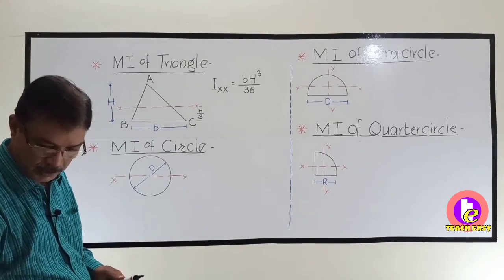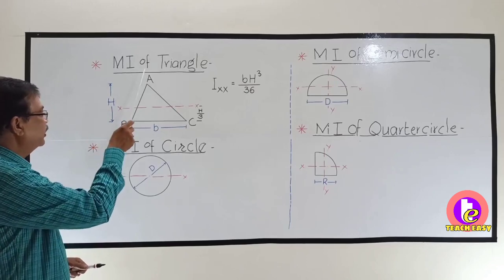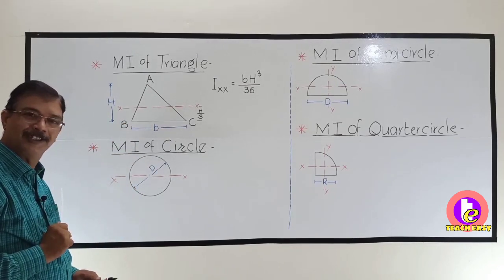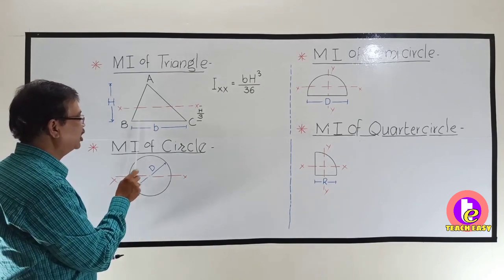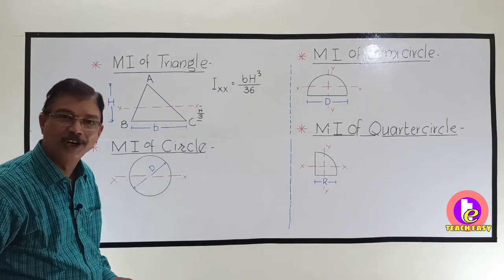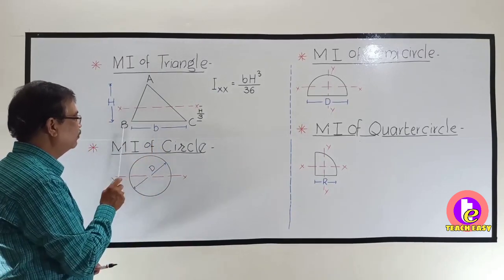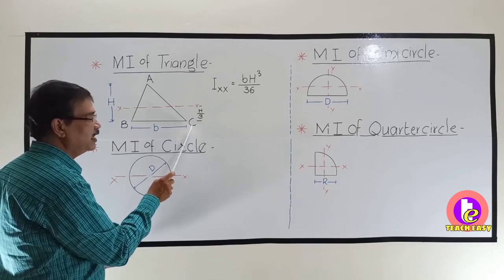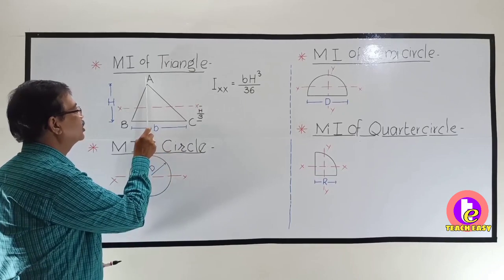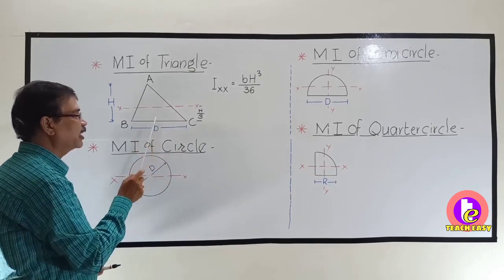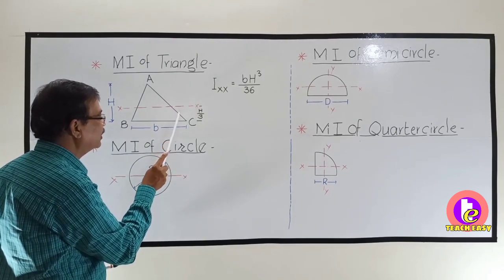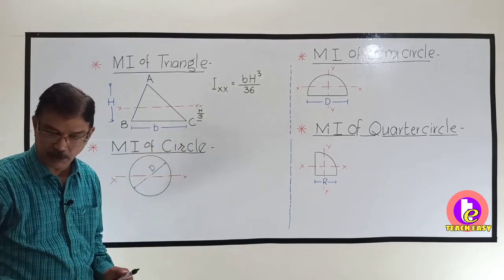Now, can we find out moment of inertia of this triangle about the base? Yes, because the base BC is parallel to this horizontal centroidal axis x axis. So by using parallel axis theorem, IBC will be equal to Ixx plus area of triangle ABC into h square. Here h is the distance between these two parallel axes, that is h by 3.